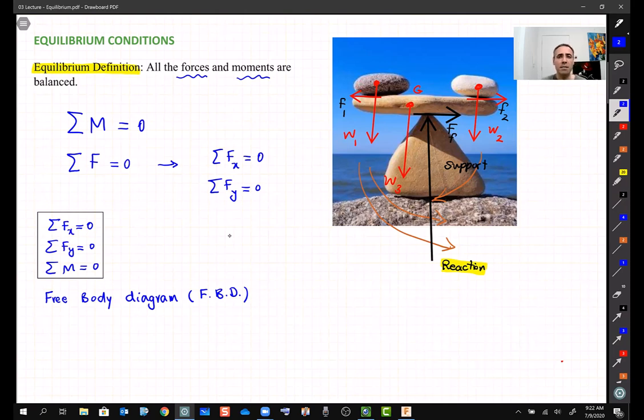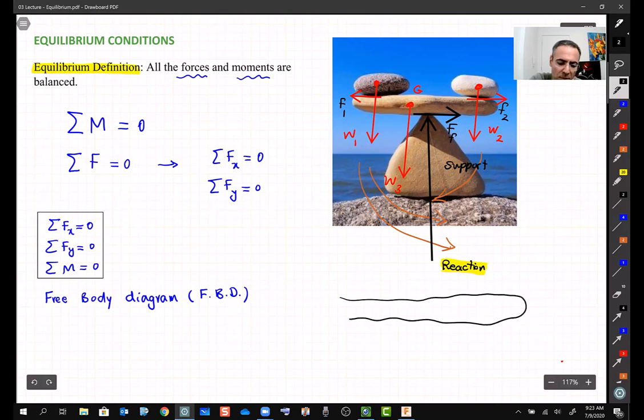As the name implies, we want the main body to be free from its support. So we remove all the supports and we draw the reaction forces or moments. And this is what we call a free body diagram. Like in this example of this stone, the main body is this big stone here.